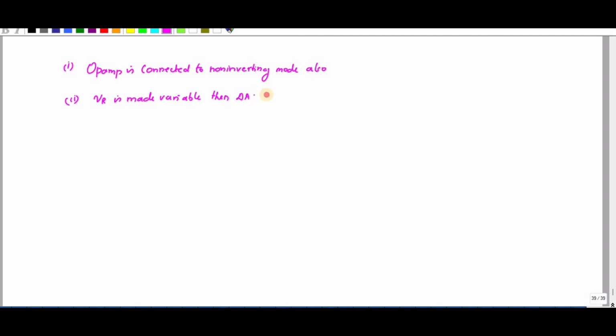So we will see whether we are able to connect the same circuit using non-inverting amplifiers. That is the non-inverting terminal. Yes, you can connect the same circuit with the help of non-inverting amplifiers. So next point is you can see the VR voltage, if it is made variable, right?